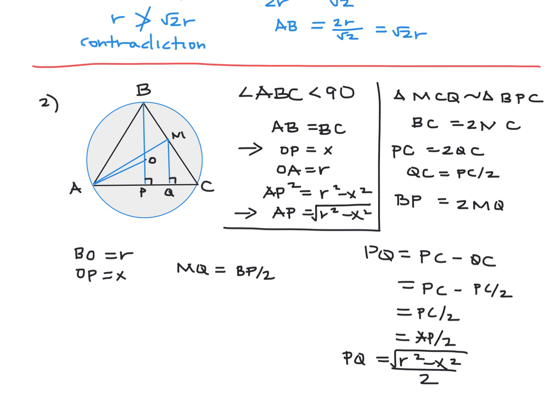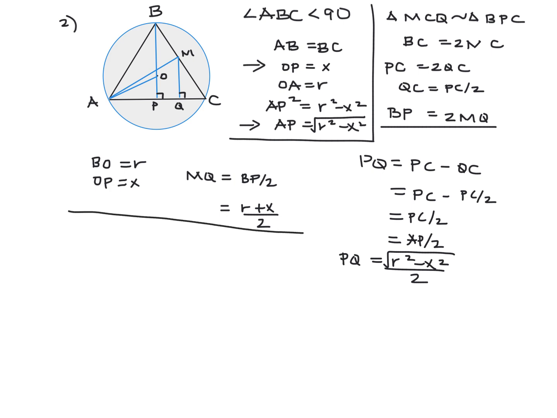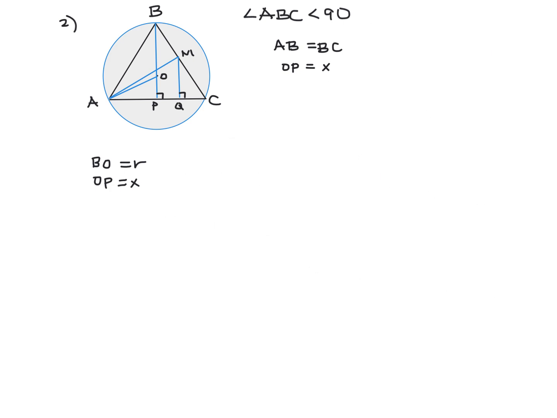I think we did that. Oh, it's right here, actually. And therefore, BP would be BO plus OP, so it'd be R plus X all over 2. Yeah. Okay, that's a pretty good setup, actually. Now let's see where we can go from here.